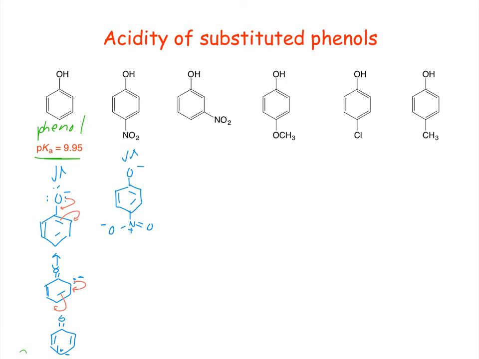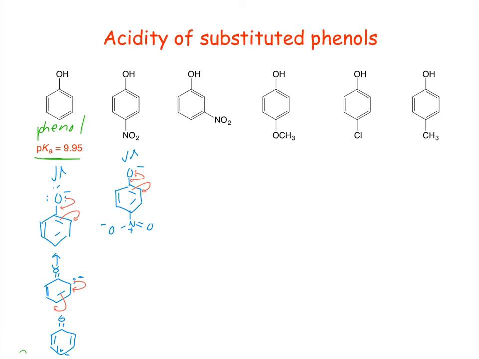It's withdrawing, right? So we already know that this oxygen likes to donate electrons into the ring. So if we're pushing electron density in there, and this is an anion, are anions usually stabilized by electron withdrawing groups or donating groups? Withdrawing groups, right?